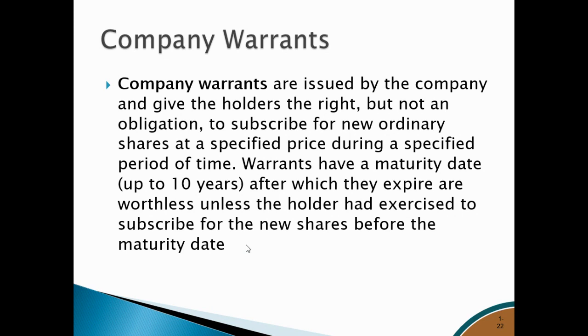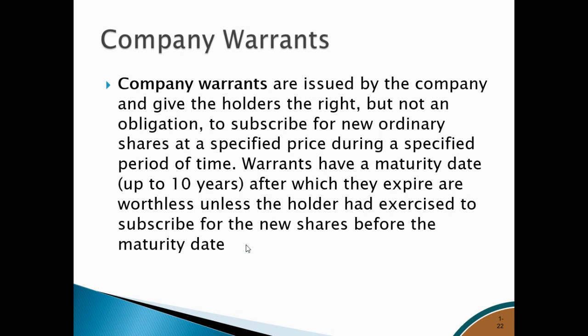There are some key terms here. The first important point is that the company gives you the right but not the obligation. It means you can choose to do it or you can choose to ignore it.